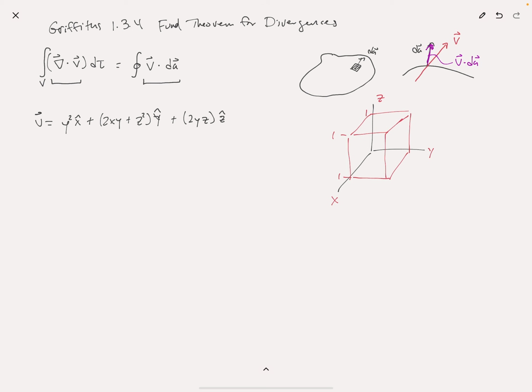All right, so let's do the left part of this fundamental theorem for divergence. To do that, I first need to calculate the divergence of this vector field.